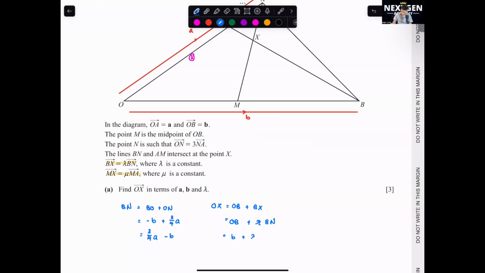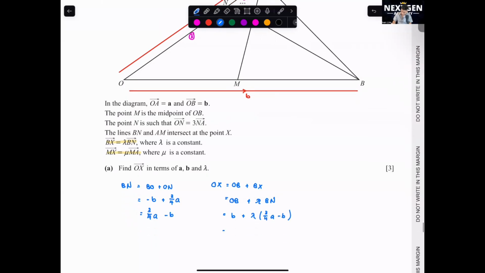So b plus lambda times (3 over 4 a minus b), which is b plus 3 over 4 lambda a minus lambda b. We can join both the b together, so we can write it as 3 over 4 lambda a plus (1 minus lambda) b.